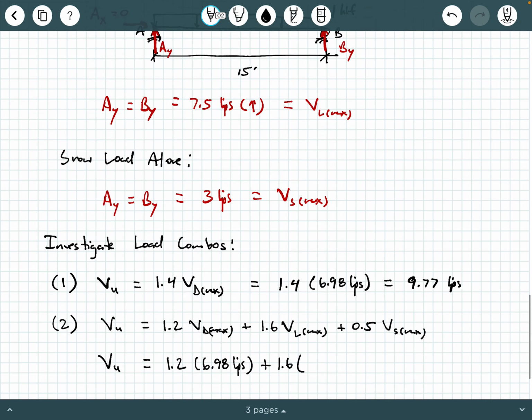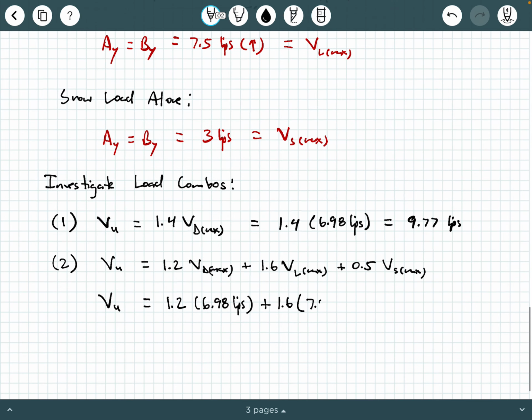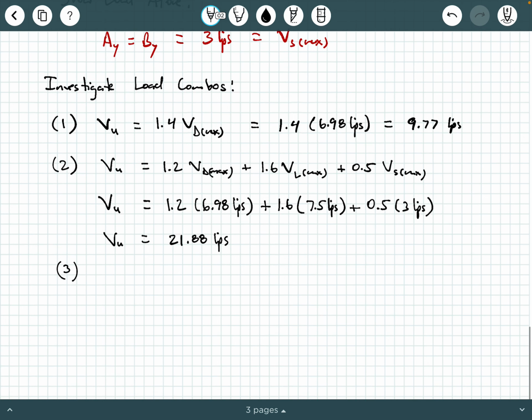My V live max was 7.5 kips plus 0.5 times 3 kips, and then punching this through in our calculator, let's see what we get. 1.2 times 6.98 plus 1.6 times 7.5 plus 0.5 times 3, and we get 21.88 kips.